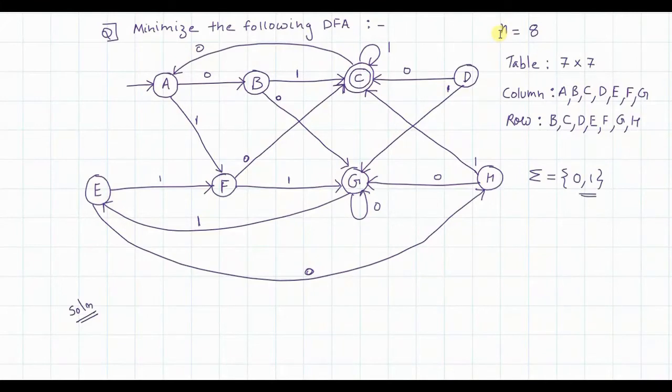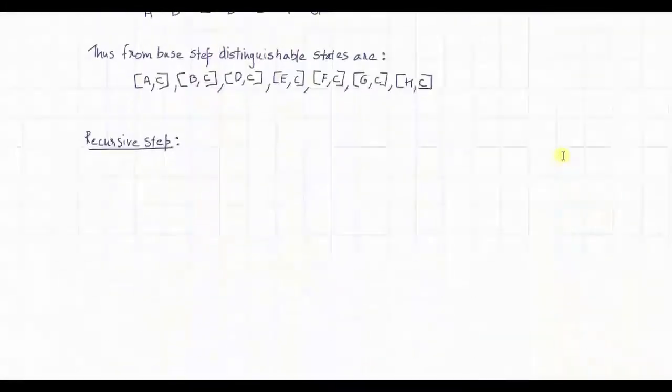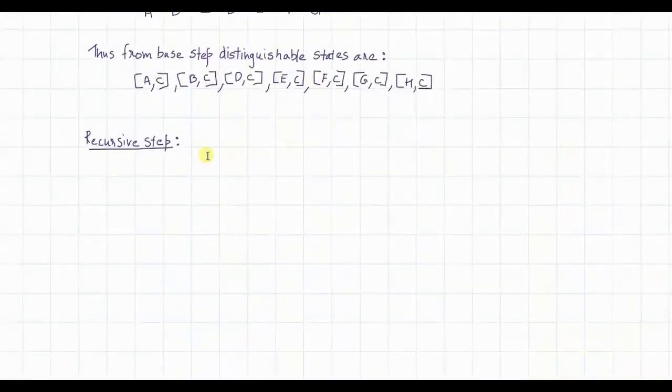So in the recursive step, we are going to see the transition of each state from A to H, first on reading the first input alphabet, that is 0, and then again we are going to see the transitions of all the states on reading the second input alphabet, that is 1.